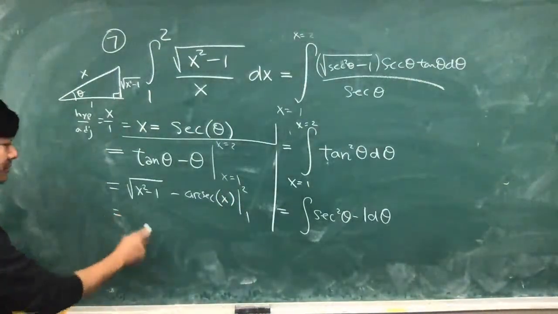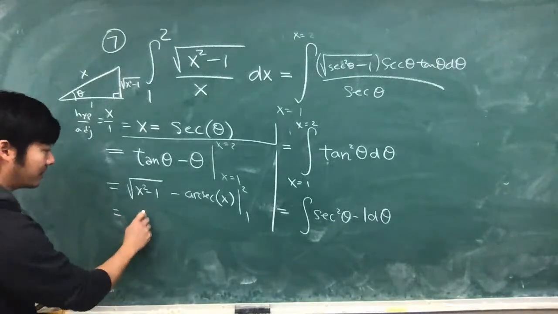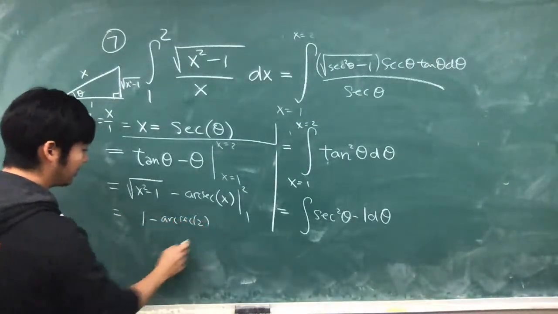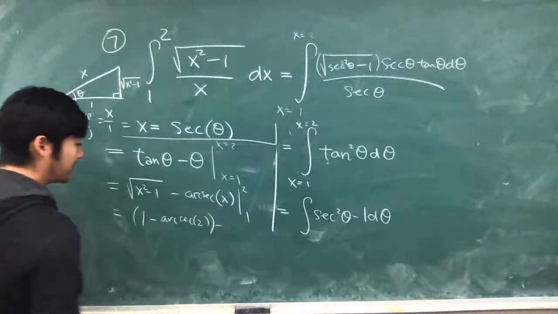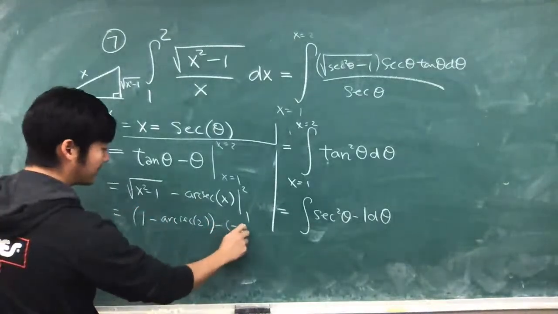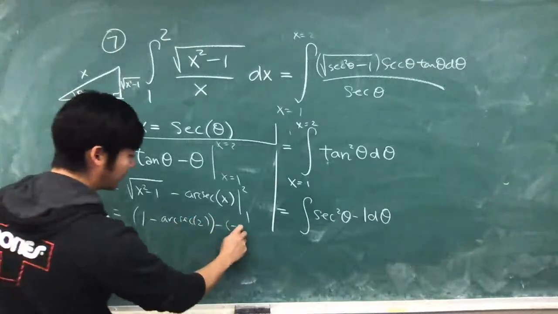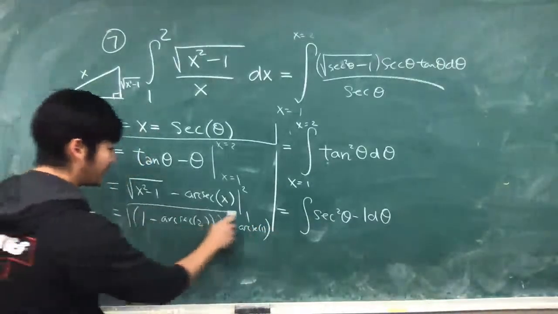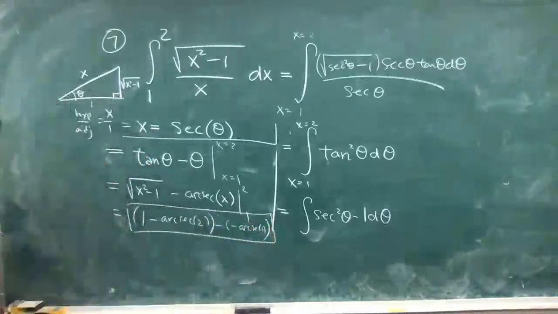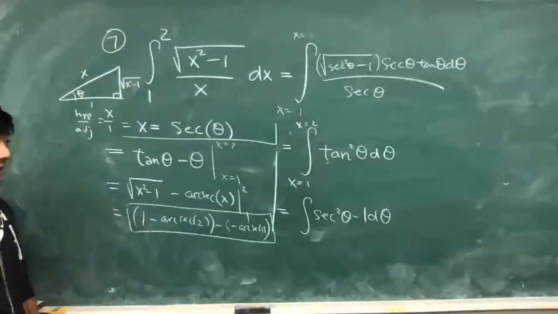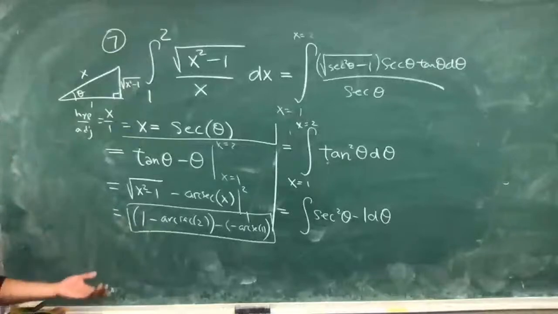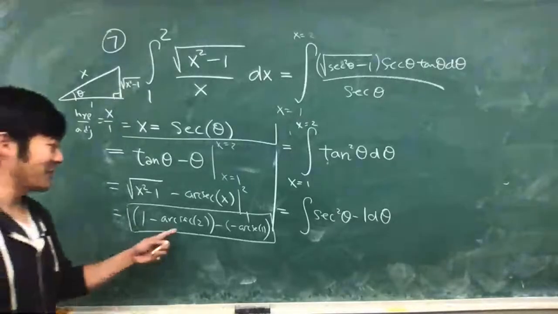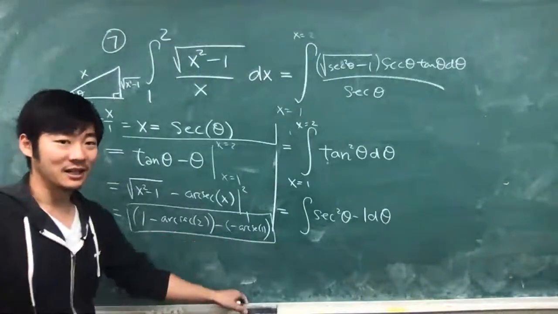And then we plug in 2 and 1. And so that's going to be the square root of 3 minus arc secant 2, minus 0 minus arc secant of 1. I suppose you could just leave your answer like this, but if you can, you should figure out what these values are. So let's talk about them real quick.